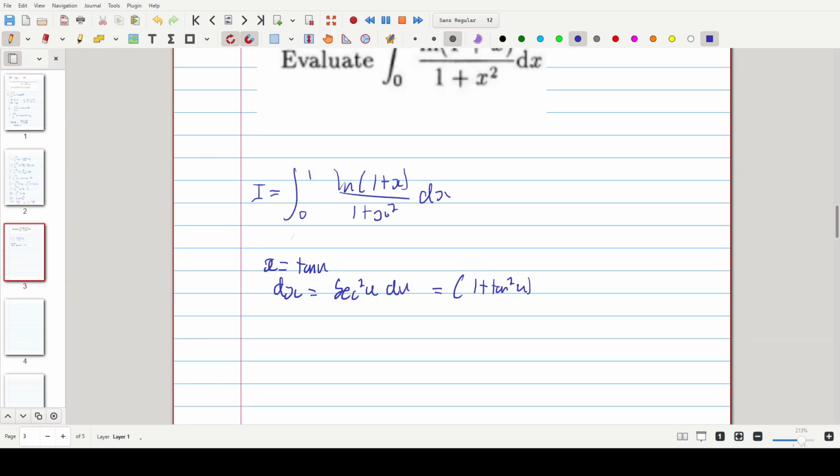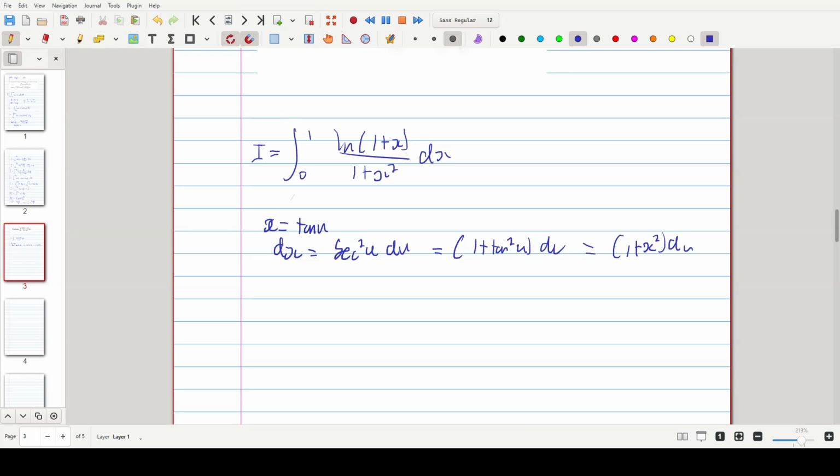du, and then remember tan u is just x, so that's just going to be (1 plus x squared) du. And for our bounds, u1 is arctan 0, which is 0, and then u2 is going to be arctan 1, which is pi over 4.